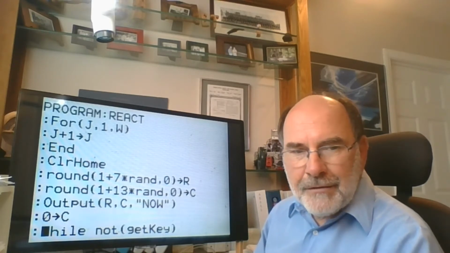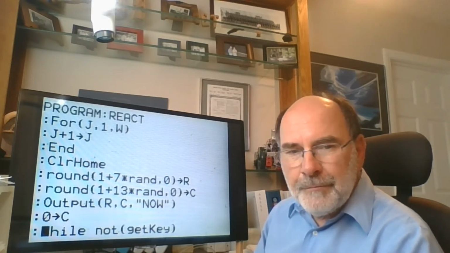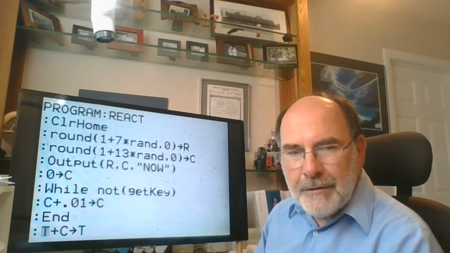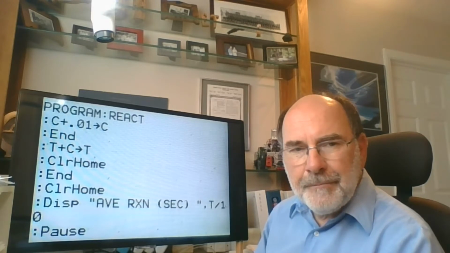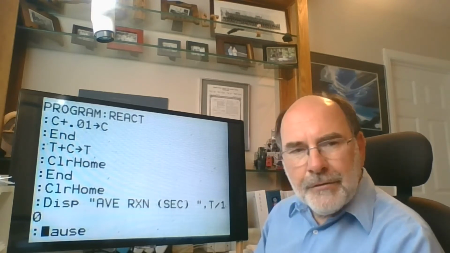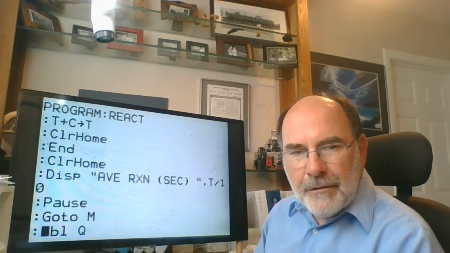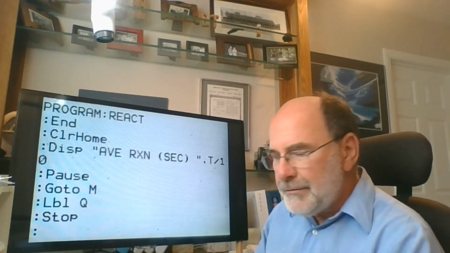So I'm using commands like For and While. I'll go over that in a little bit, but scrolling a little bit so you can see it. Here's the program. C is a time counter, T is total time, and there's the entire program listing.